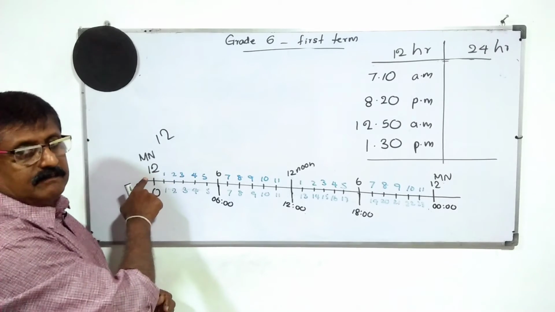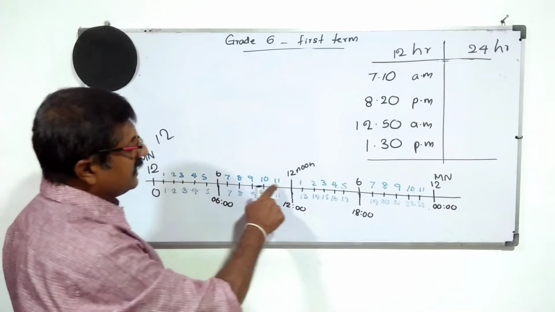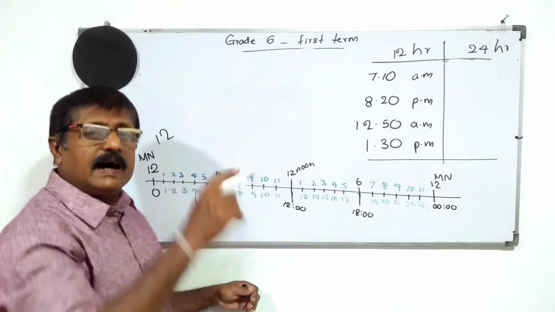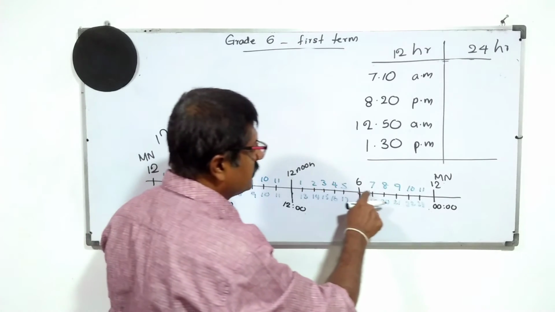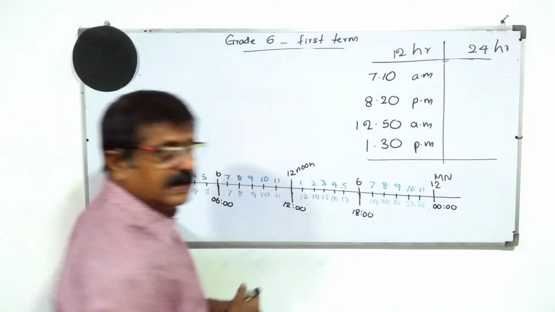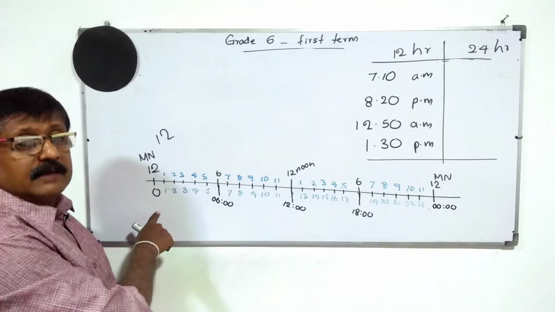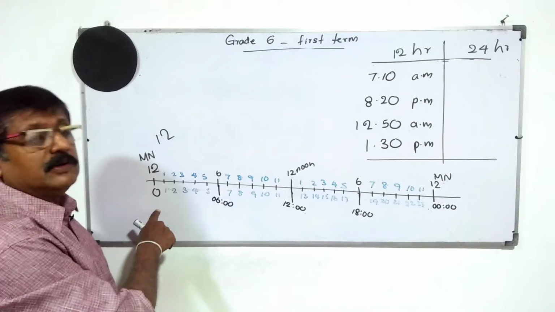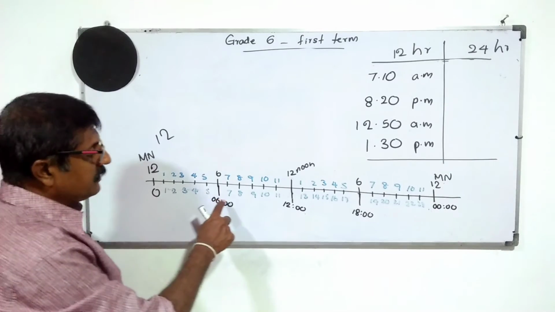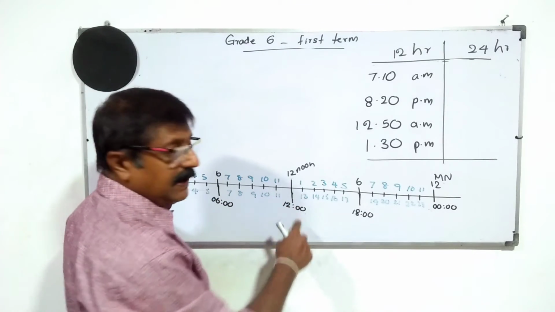When you draw this line, on the upper side you write the 12-hour format. Midnight, 12, 1, 2, 3, 4, 5, 6, 7, 8, 9, 10, 11, 12 noon. Then after the noon, again 1, 2, 3 up to 12 midnight once again. But in the 24-hour format, there is no 12 for the midnight. It is 0. 0, 1, 2, up to 12.